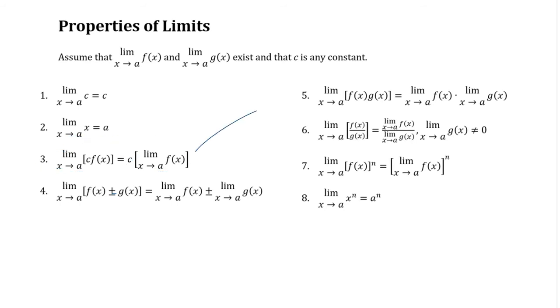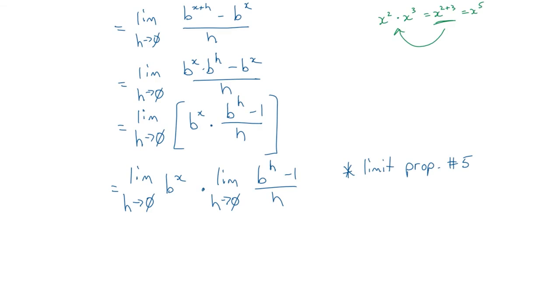But that's why I like limit property 5 a little bit better, because instead I break it up into two separate functions. But one of them now I can see, well, it doesn't have an h in it. So this is just equal to b to the x times the limit as h approaches 0 of b to the h minus 1 over h.